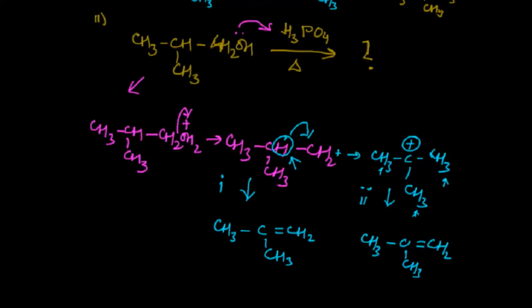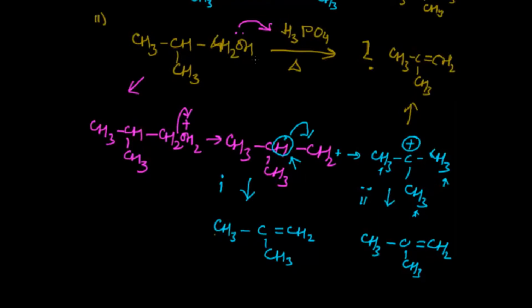So irrespective of the carbocation, the kind of product formed in this particular case is similar, that is through step 1 or step 2, the isobutene is the major product, and thus we can say the pathway for the major product is, no doubt, through the most stable carbocation, and thus the major product would be CH3, CH3, double bond CH2. So this is the major product of this particular reaction.